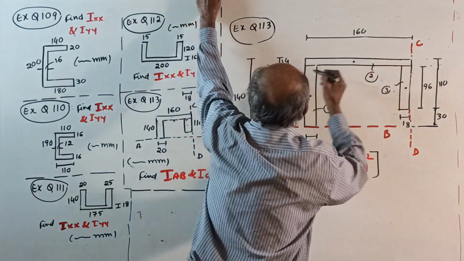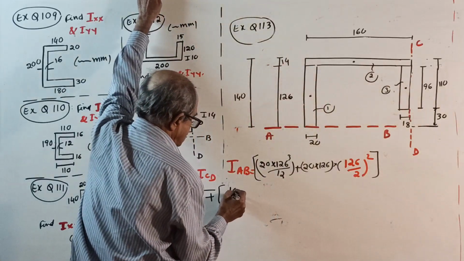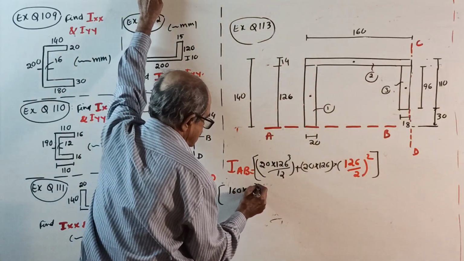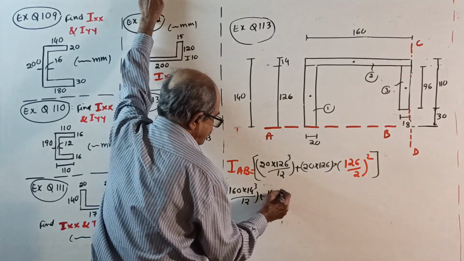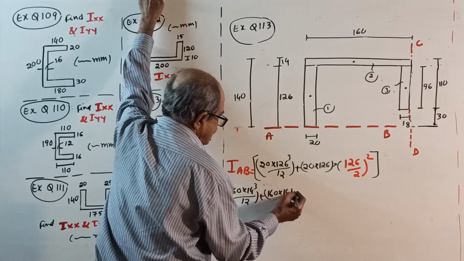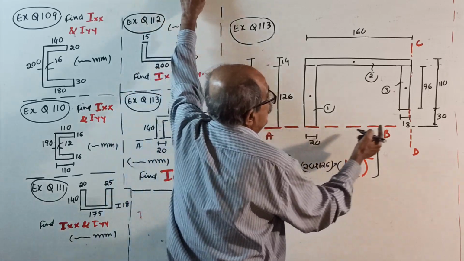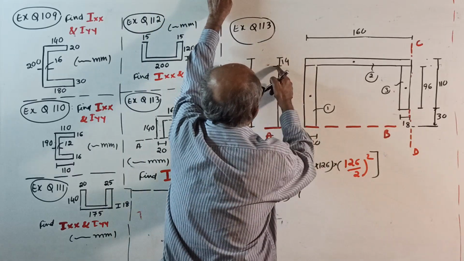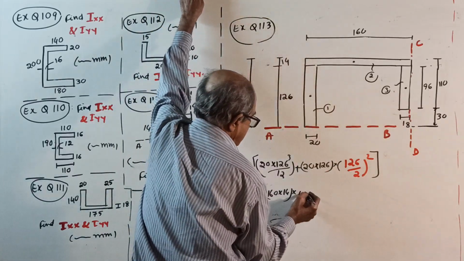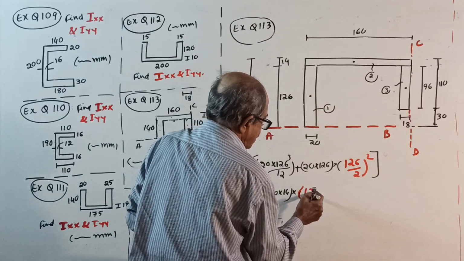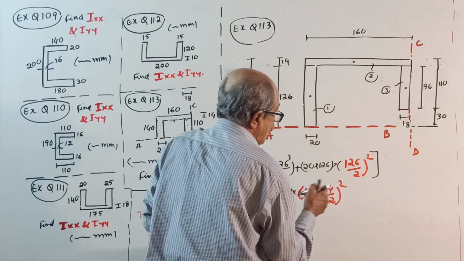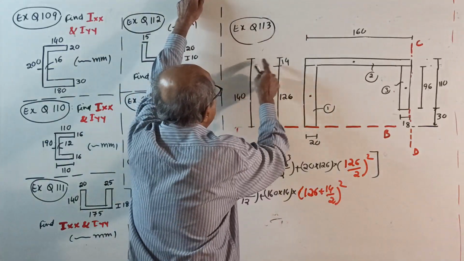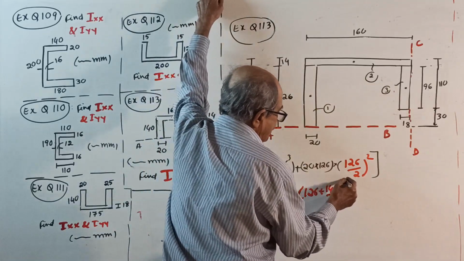So 160 into 14 cubed by 12, that is Ig, plus area. 160 into 14 is the area, into 126 plus half of 14, whole squared, or 140 minus 14 by 2 squared, whatever you want.